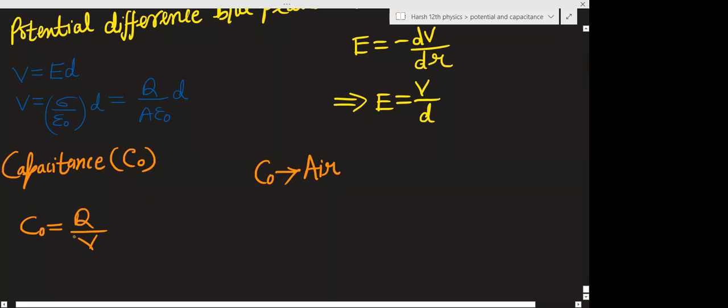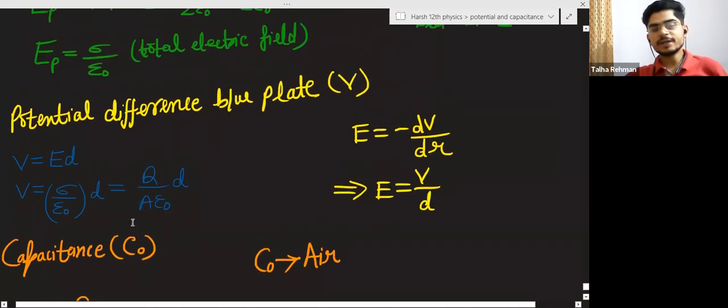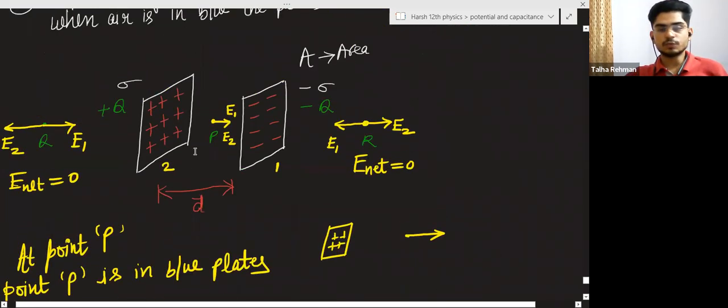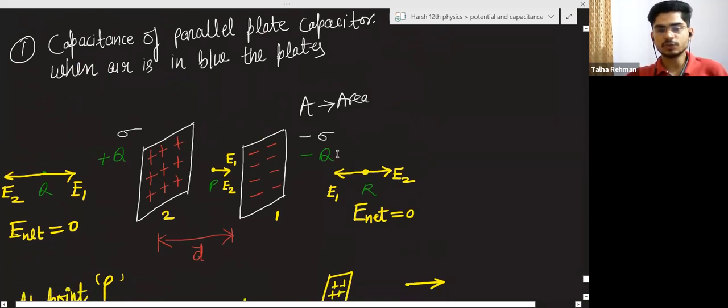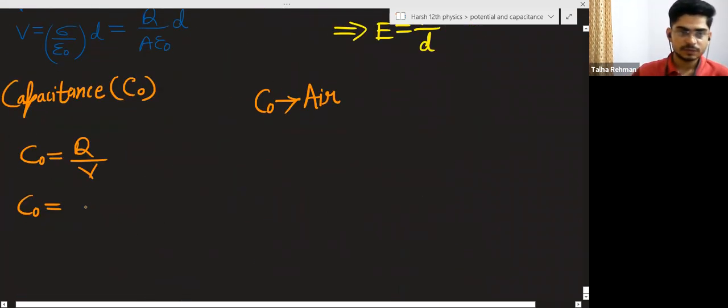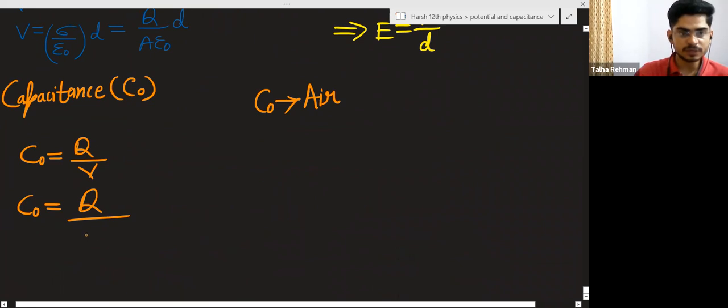Capacitance is charge by potential, na? You can take the charge from either of the two plates. We will take the magnitude of charge Q on the plate. And what is potential? Potential is Q D divided by A epsilon naught.